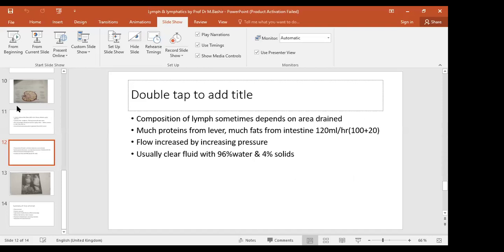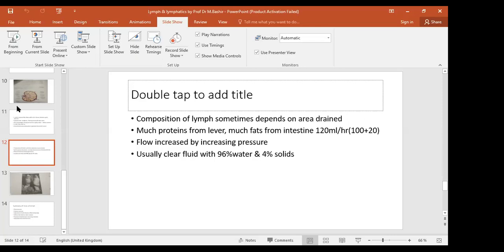Then I was discussing the composition of the lymph, and I told you that the composition of the lymph depends on the area which they drain. For example, lymph which is coming from the liver will have a lot of proteins, where proteins are synthesized in huge quantity.